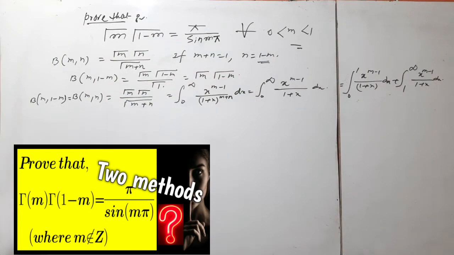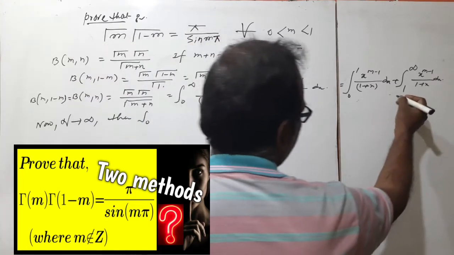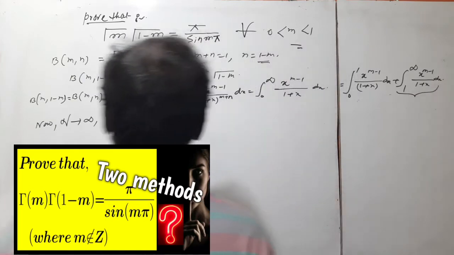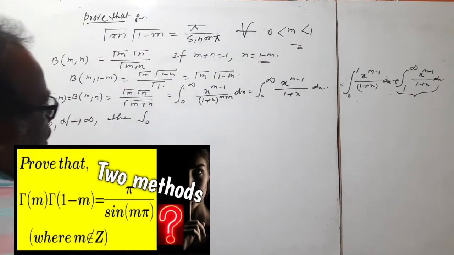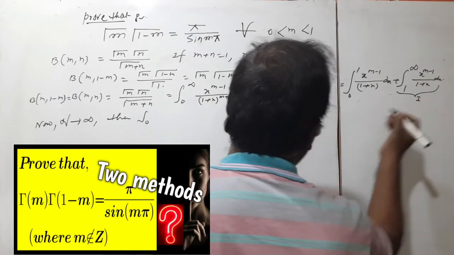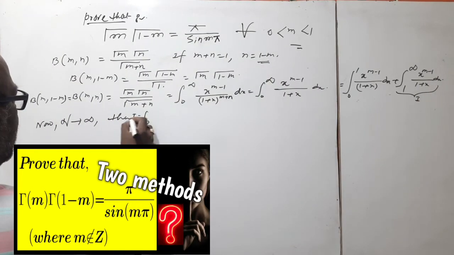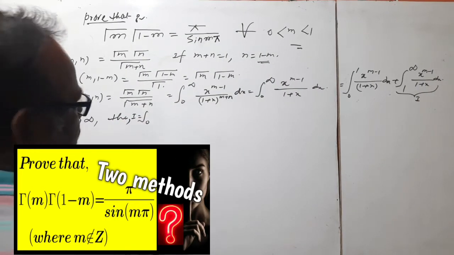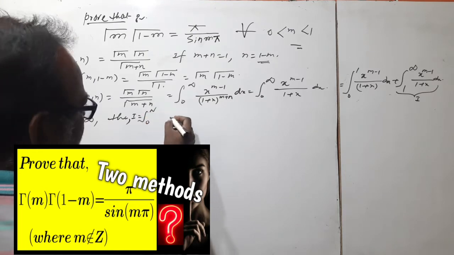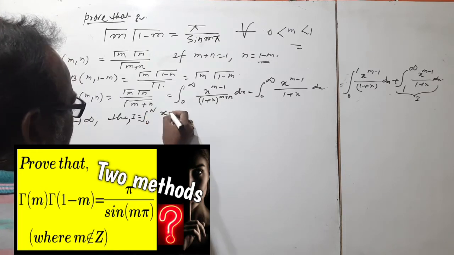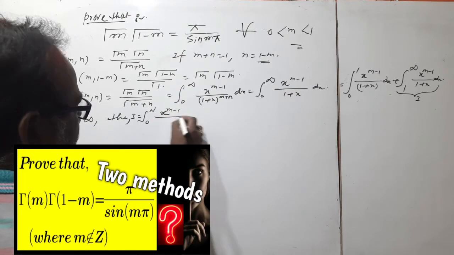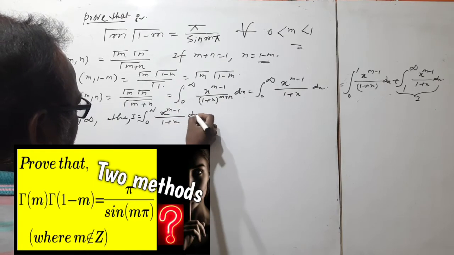Okay, now as n approaches infinity, for this integral, let us assume it is I. So now I is equal to the integral from 0 to n of x to the power m minus 1 over 1 plus x dx.